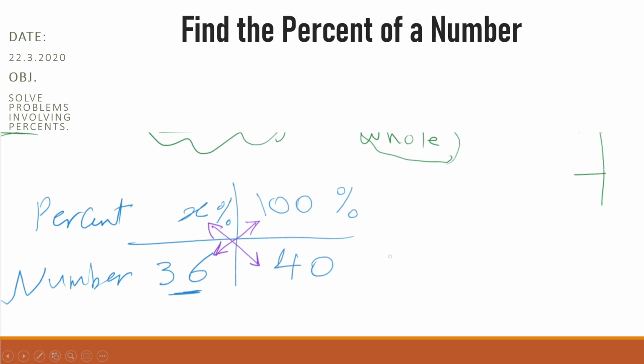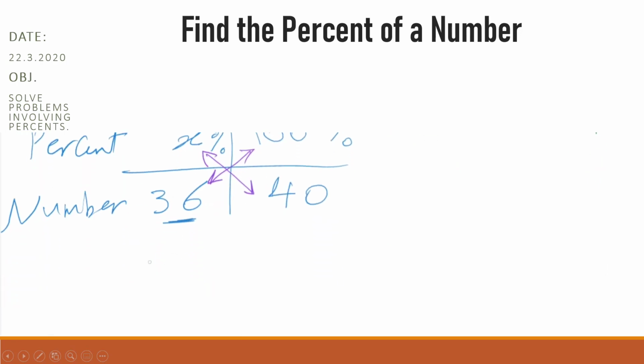So x should be equal to, this time I have these two numbers. I can't multiply x and 40 because I'm going to divide by 40 later. So we can multiply 36 and 100. 36 multiplied by 100, and down here, x with 40.